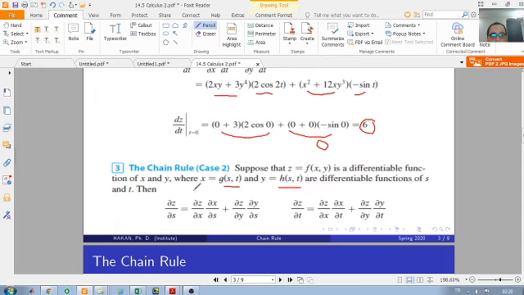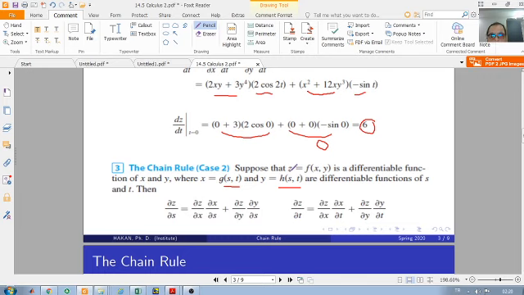You see, x is a function of two variables s and t, and y is a function of two variables s and t. Therefore we have two types of derivative for the function z.